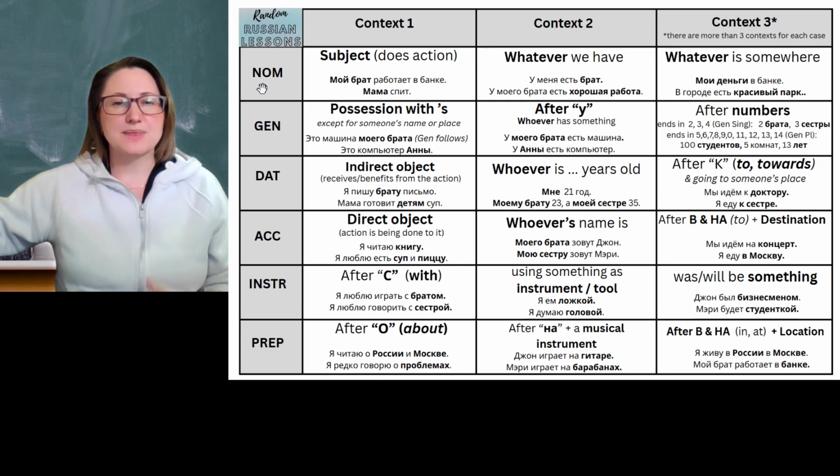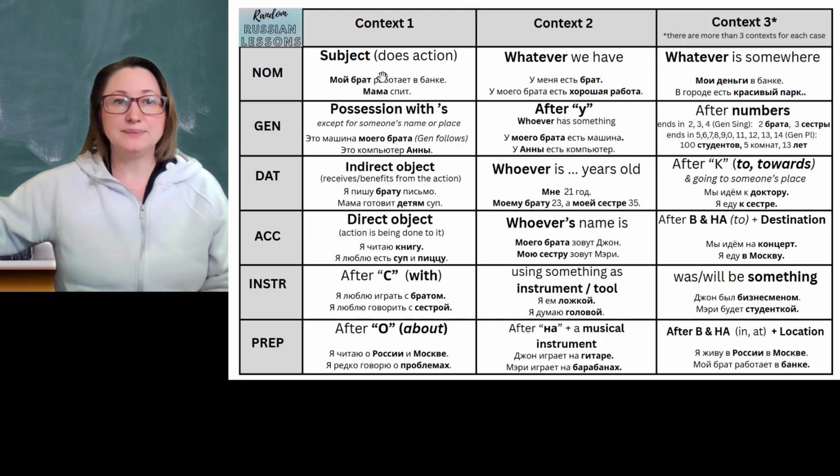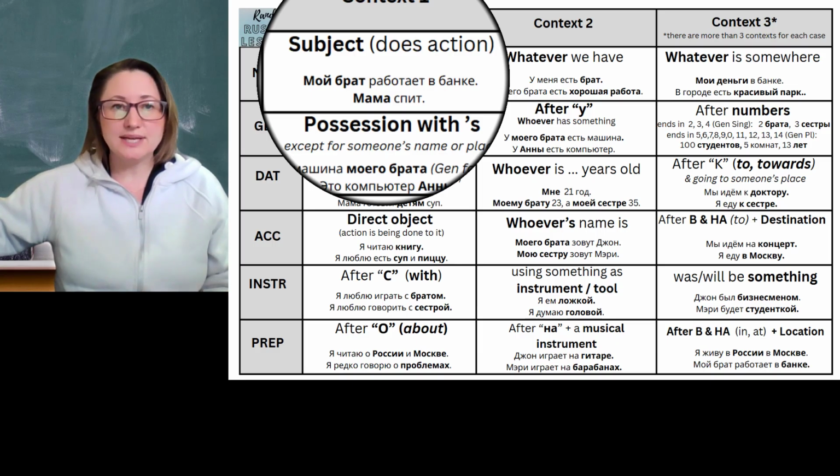Now, the logic of what the subject is is not always the same between Russian and English. In the very first context, the subject is very similar to English. The subject of the sentence is whoever does the action. So if you have an action verb, there is somebody who does that action, and that person is going to be the subject of the sentence.